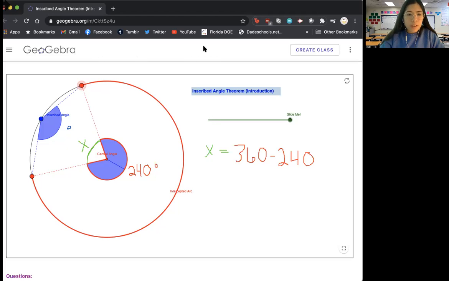Actually, I didn't mean to delete that. Okay. So now the central angle is equal to 360 minus 2 times the inscribed angle.